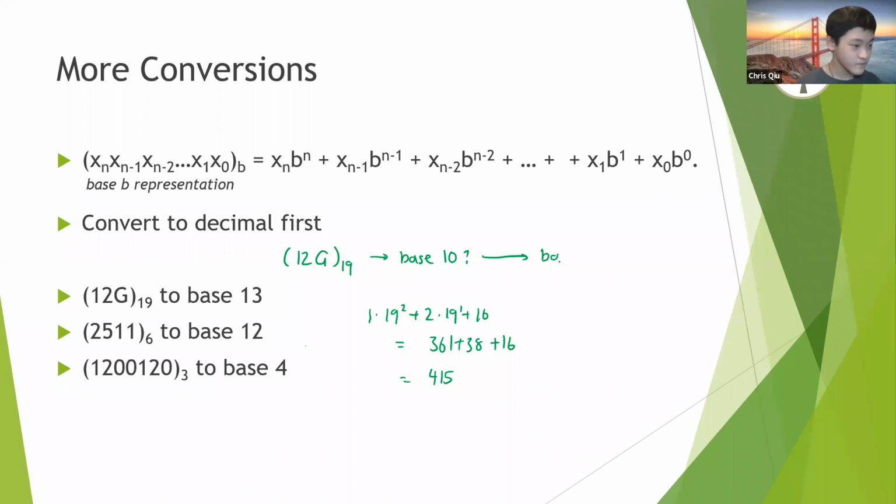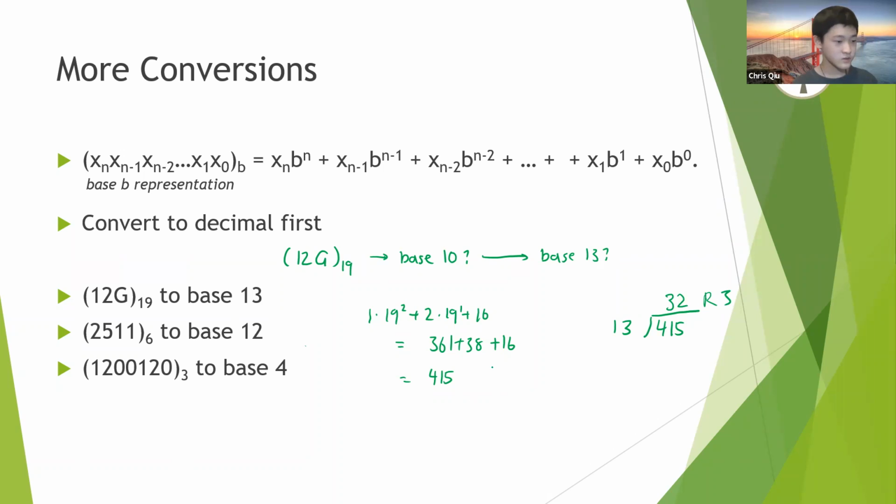And to do this, we do what we usually do. We divide 415 by 13 and take the remainder. So when we divide, we'll have 32, I believe, and our remainder will be 3.